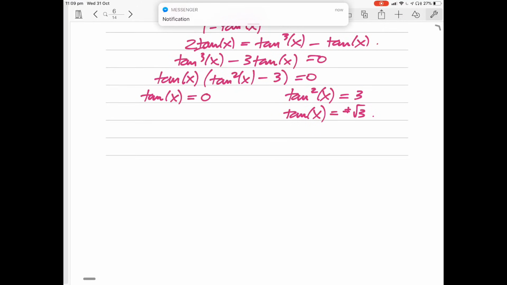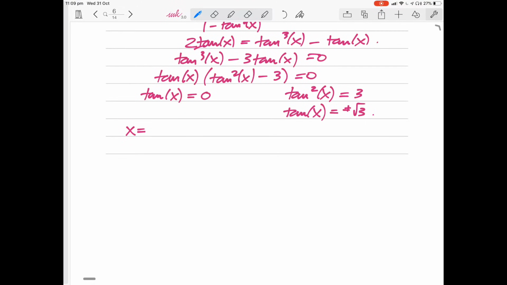So if tan x equals 0, x is just n pi, n is an element of z. Here, if tan x equals root 3, 1, 2, root 3, it's got to be pi on 3, or 2 pi on 3, or we could just say plus or minus pi on 3.